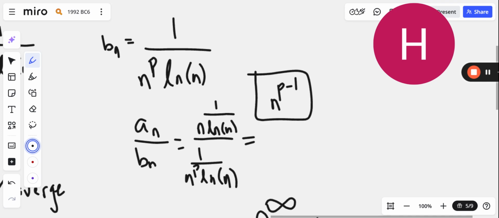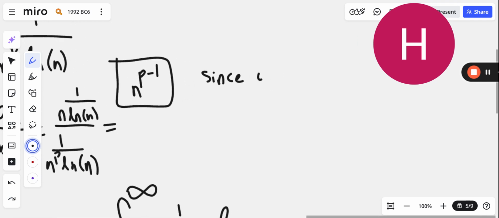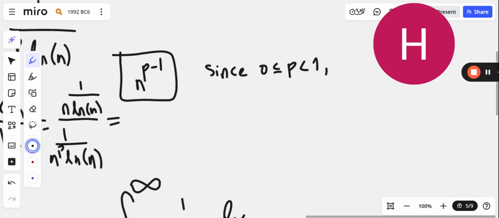That's just it. Now, since p is between 0 and 1, that means that we could just say n to the k, where k is less than 0, and therefore this is equivalent to 1 over n to the k, right?